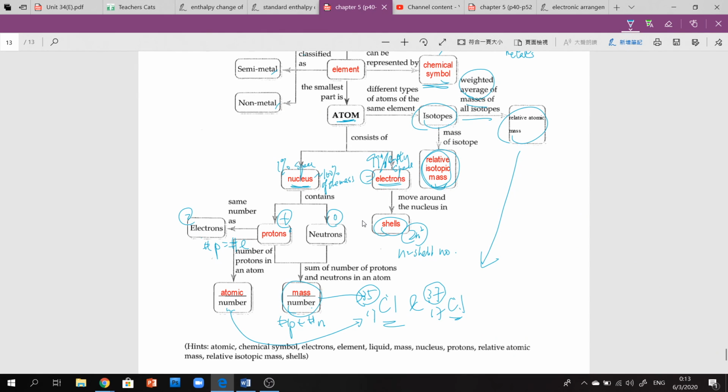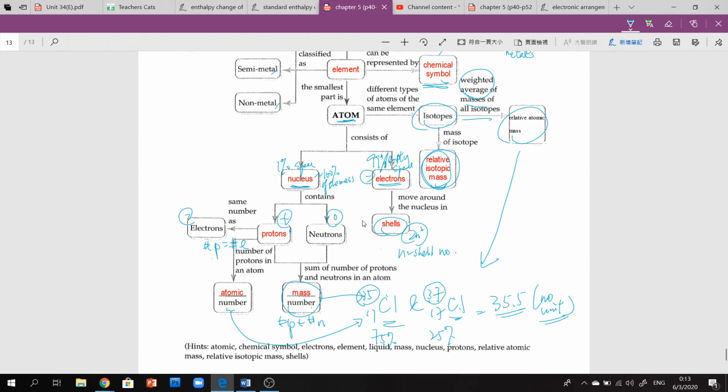So for this one, we've got 75% of this and 25% of this. You multiply and add, and here comes 35.5. Remember, no unit. How come we call them isotopes?